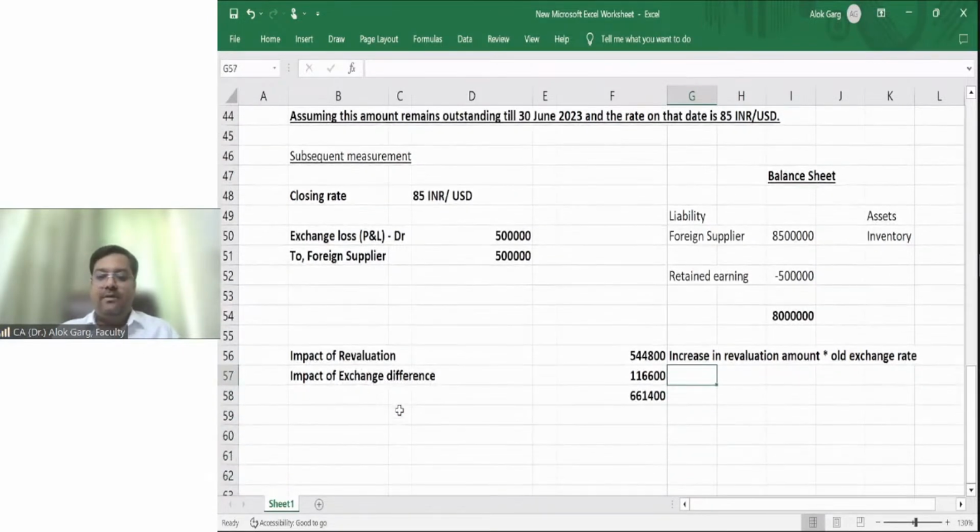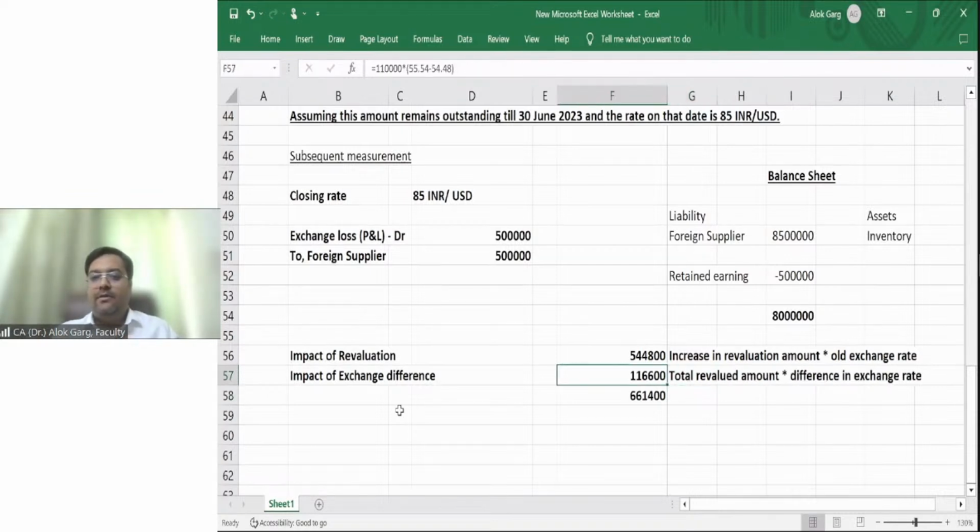Impact of exchange difference: the total revalued amount multiplied by the difference in exchange rate, right? In this case, 110 multiplied by 55.54 minus 54.48, and 1 lakh 10,000 minus 1 lakh multiplied by 54.48, right?